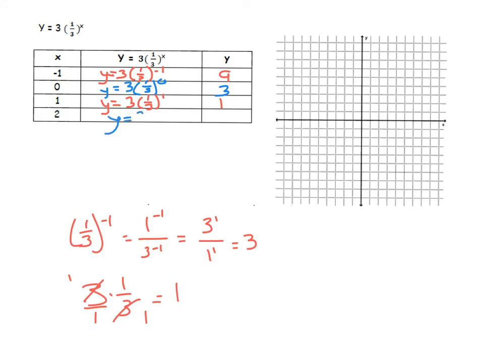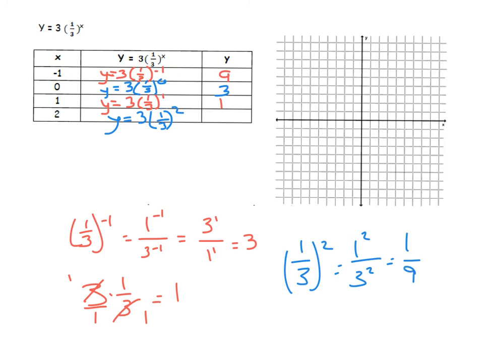And now we've got y equals 3 times 1/3 raised to the second power. Okay, so 1/3 raised to the second power is going to be 1 squared over 3 squared, which is 1 times 1, which is 1, over 3 times 3, which is 9.